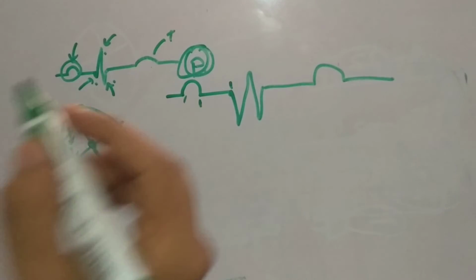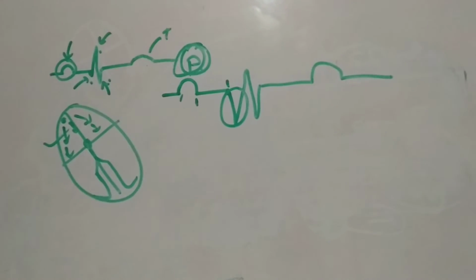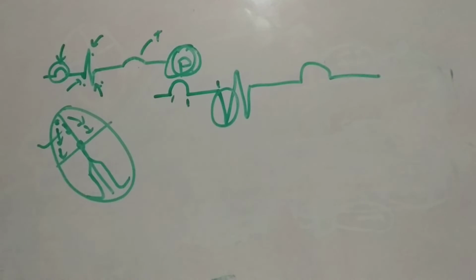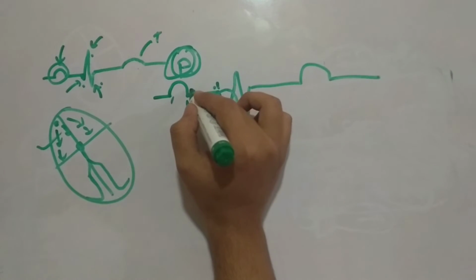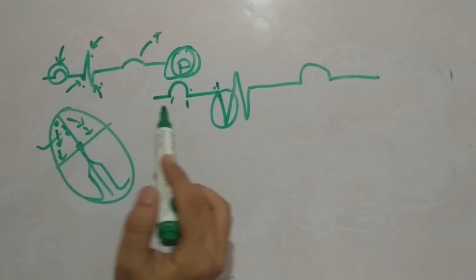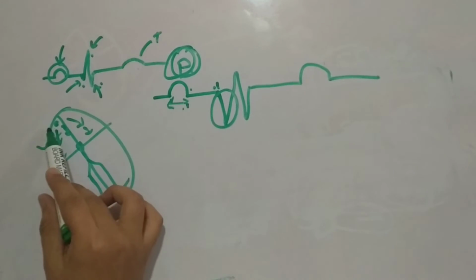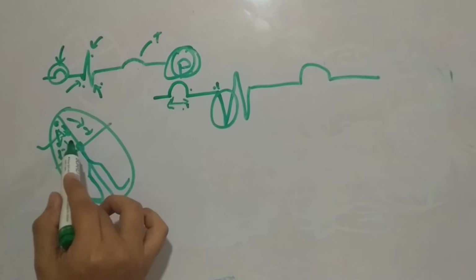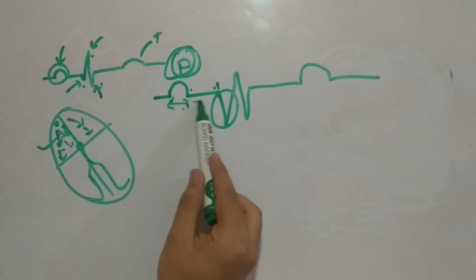Okay. And what is Q wave then? Suppose this PR segment, I need to address it once again. P wave is basically nothing but the electrical activity taking place in the atrium. So when the electrical activity is running in the atrium, there will be the formation of P wave, isn't it? And what is PR segment?